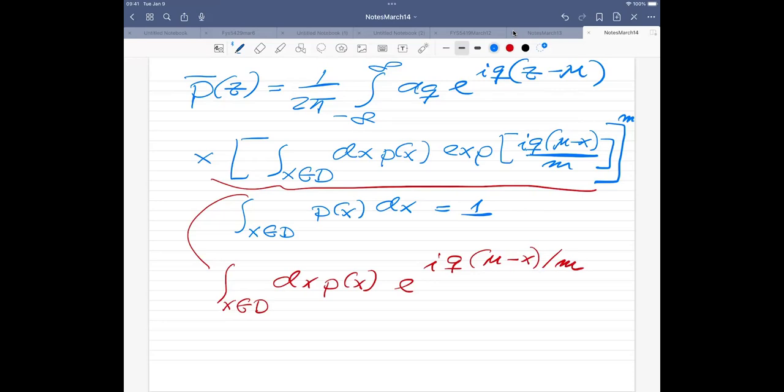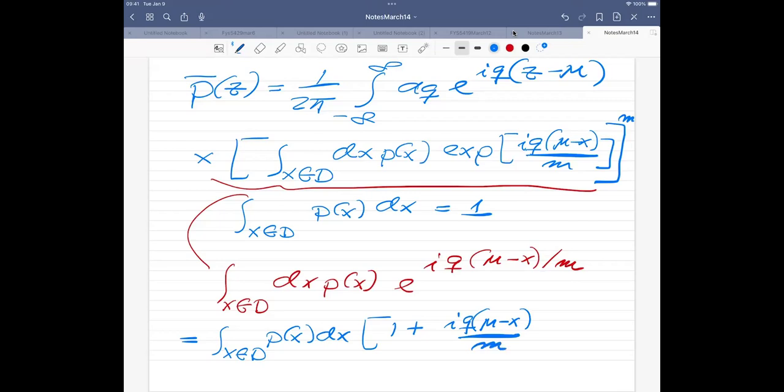So this is something where what we can do now is simply to perform the Taylor expansion of the exponential. So we know that if we Taylor expand this one, then that's just going to be equal to the integral over x, and then there's a p of x, there's a dx, and then I simply Taylor expand the exponential. So I have 1 plus i of q of mu minus x divided by m.